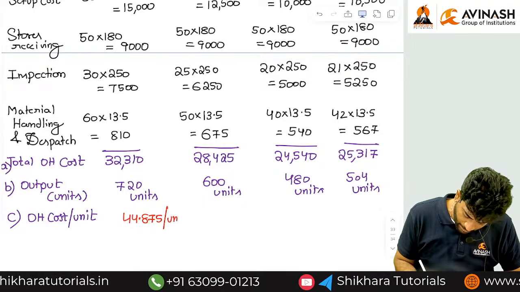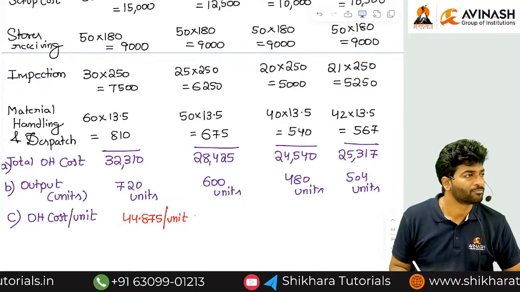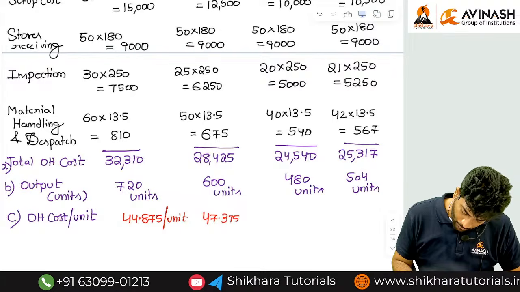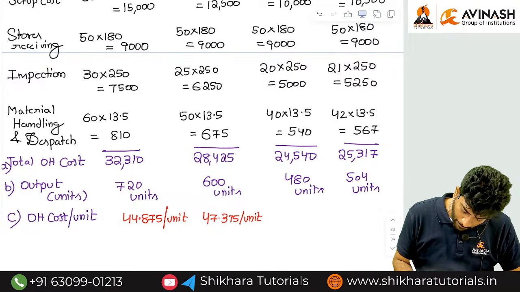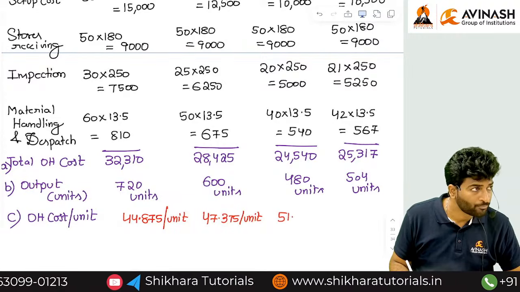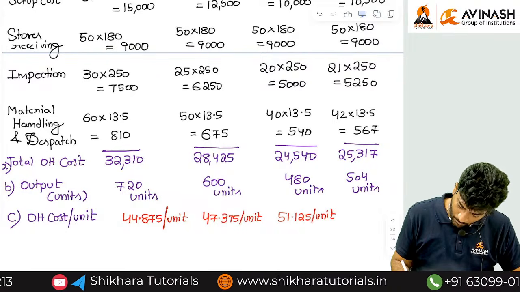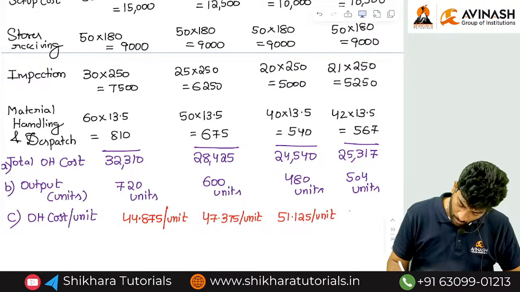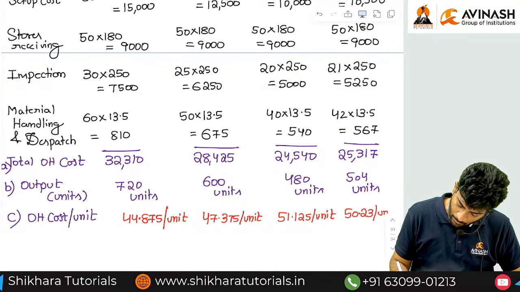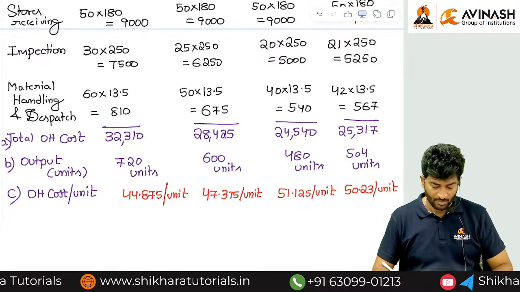44.875 per unit. Here 47 point, 51 point, 3 point. Clear.